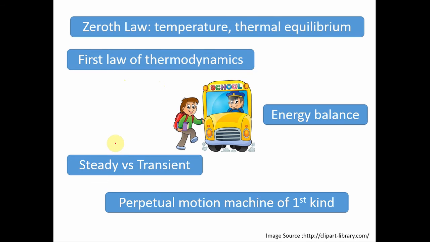We learnt about steady versus transient and also energy balance. And also we learnt about the perpetual motion machine of the first kind, which is the third corollary of the first law of thermodynamics. If you did not understand anything, please replay this video as many times as you want until you fully understand the concept in its fullest depth.